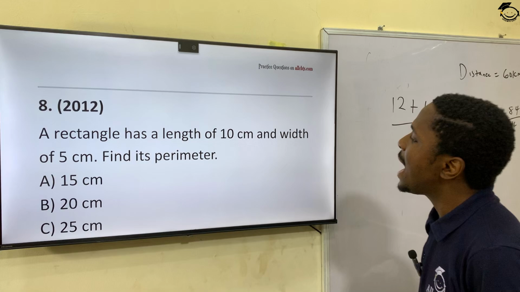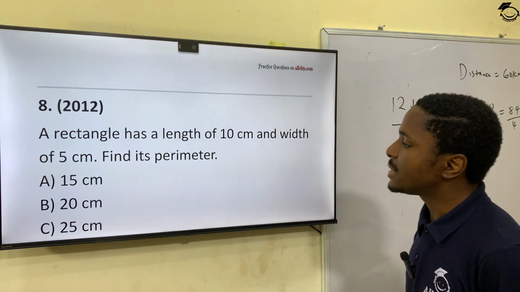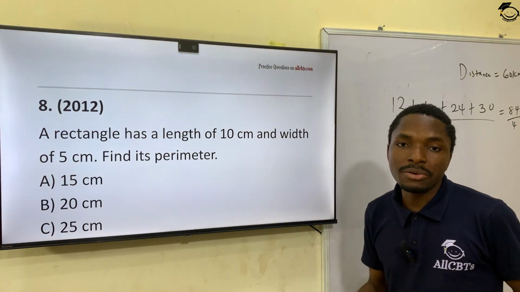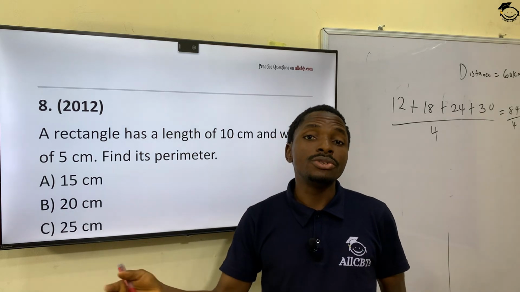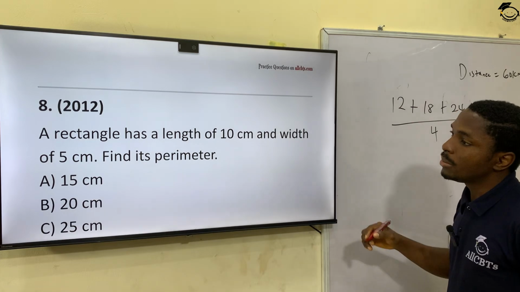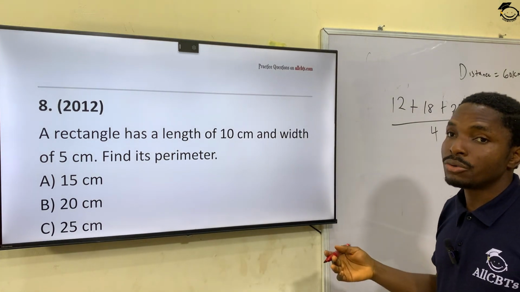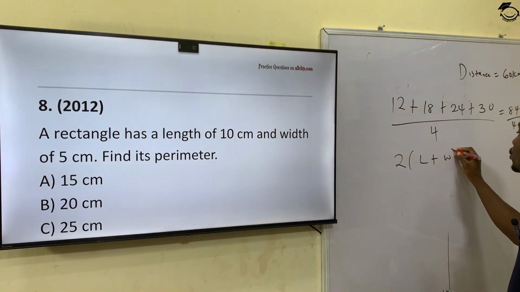Question 8. A rectangle has a length of 10 centimeter and width of 5 centimeter. Find its perimeter. Now for all questions like this, they already have their formula. So just introduce the formula and then you can solve them simply. So the perimeter of a rectangle is what? 2 bracket length plus width.